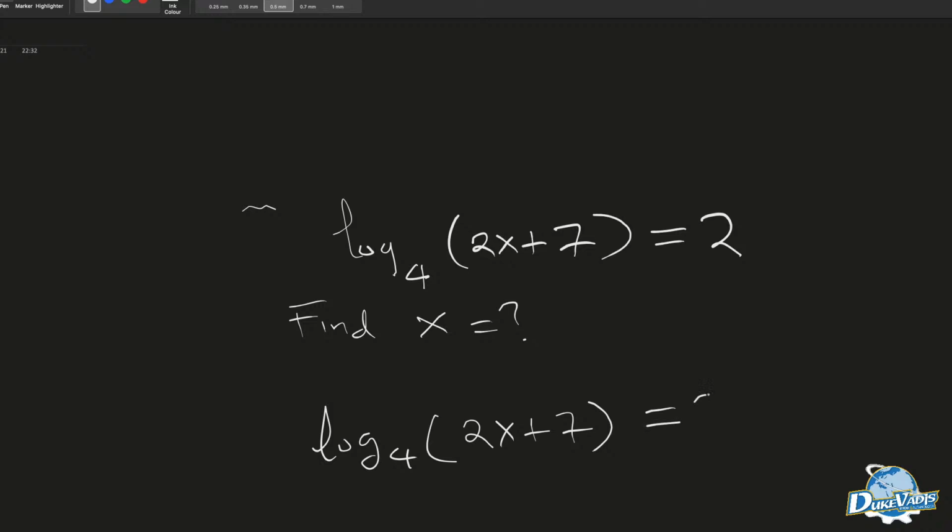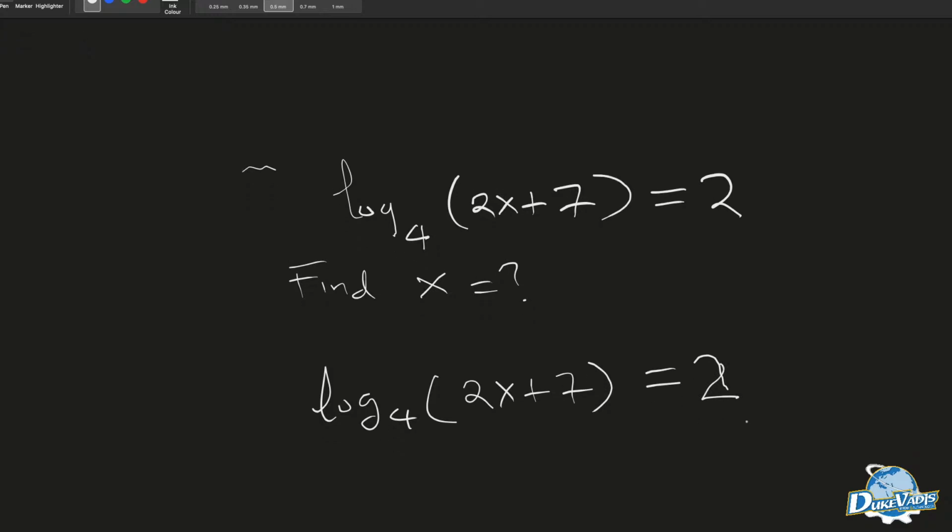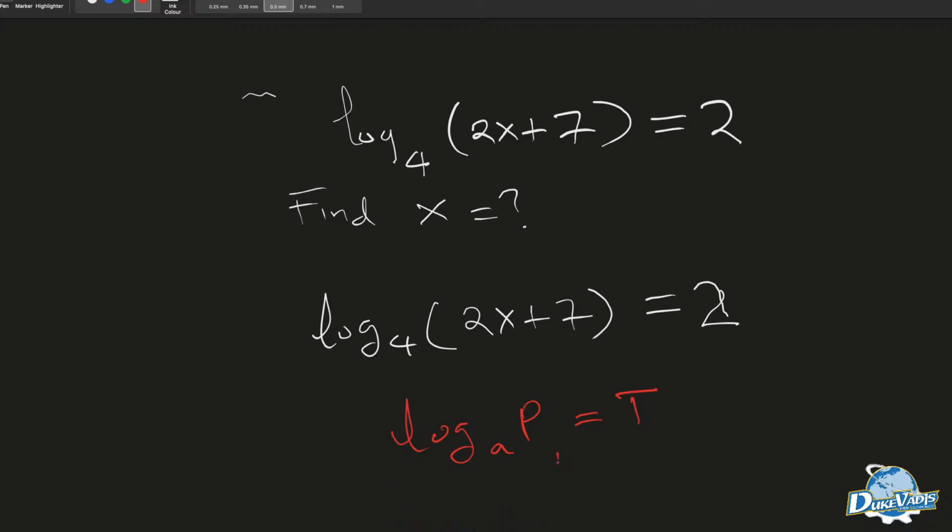If you remember, if we have log base a of p equals t, this same log can be written as p equals a raised to the power t.